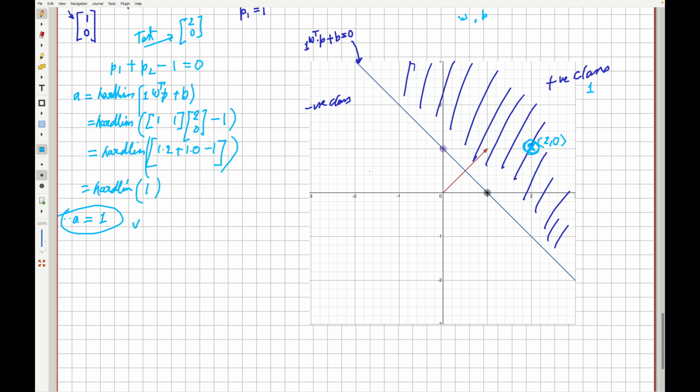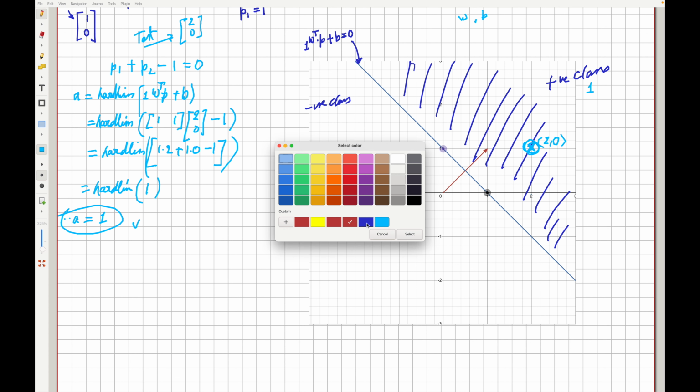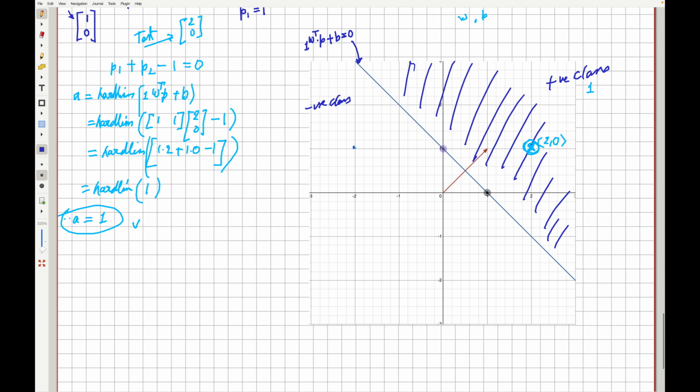What we could do is try out another point. Let's try a new test data point that is somewhere here, maybe this one. For this point, the x-axis is -2, y-axis is 1. So the data point we want to work with right now is p equal to -2 1.